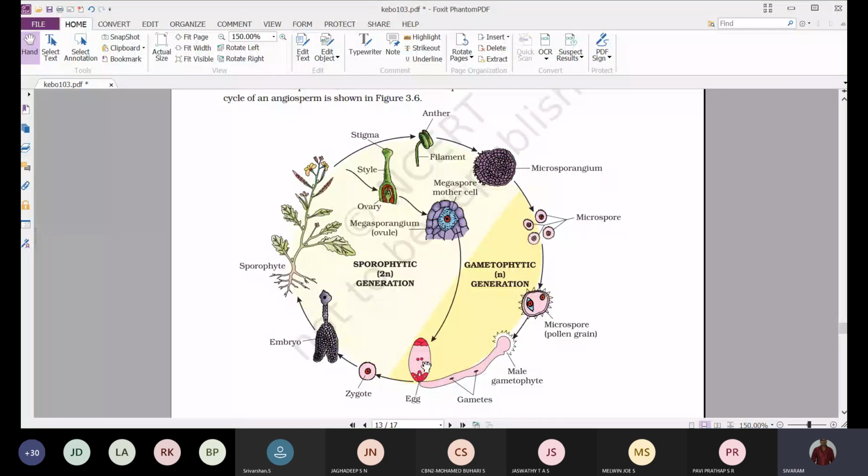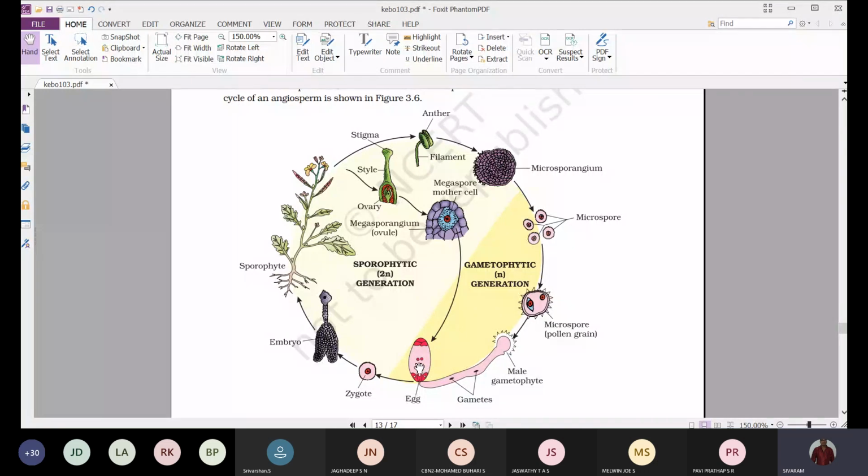Out of these 2 male gametes, one fuses with the egg cell to form the zygote, and the second male gamete or male nucleus fuses with the secondary nucleus and results in the formation of a triploid primary endosperm nucleus. This process of syngamy and triple fusion, we call it double fertilization.